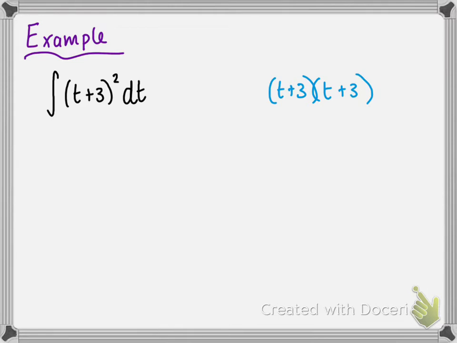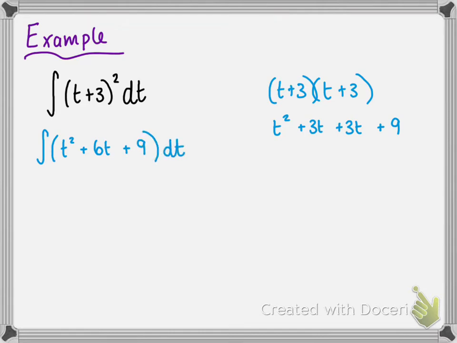So if we were to multiply that out, we'd get t squared plus 2 lots of 3t plus 9. So we're going to rewrite our integral as t squared plus 6t plus 9 dt.